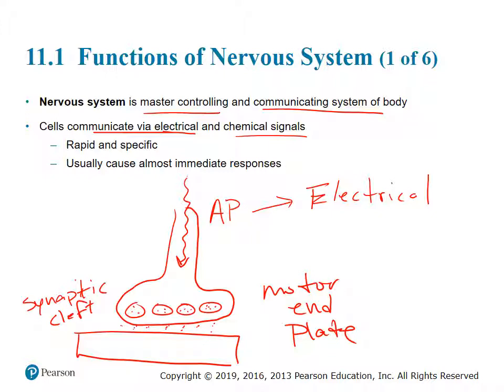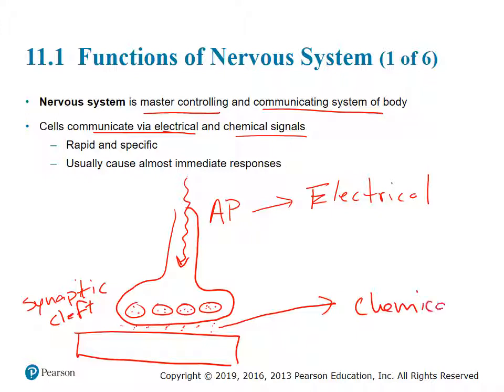This side, right here, is the chemical signal. Does that make sense to you? Both are released by the neuron, both carry a signal. It's just a different signal from here to there.